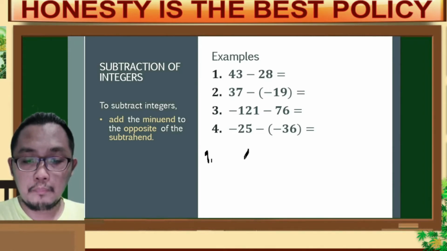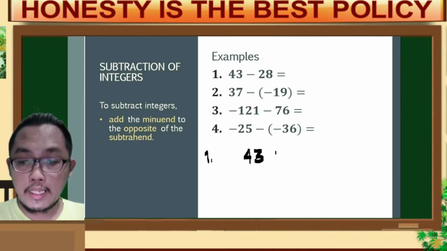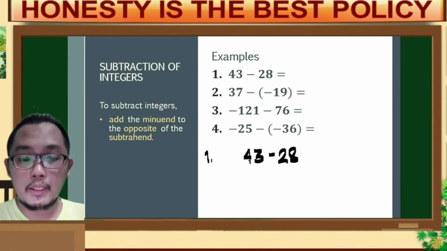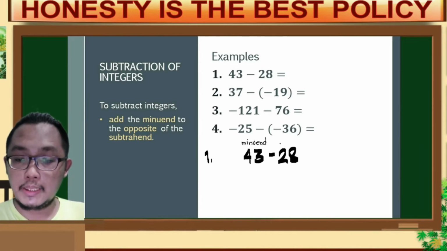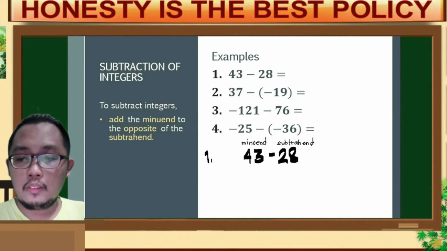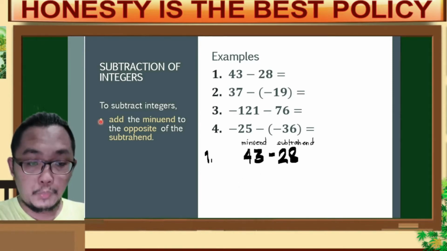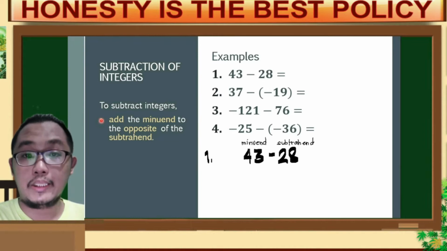So we have 43 minus 28. The first number in this statement will be your minuend, while the second number is the subtrahend. Based on this rule, we need to perform an addition instead.